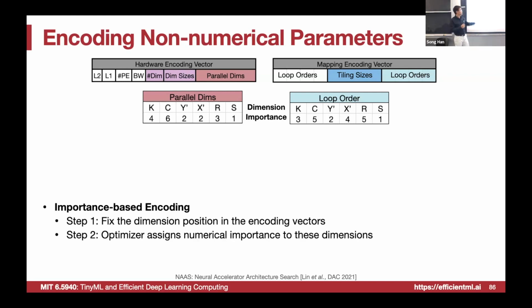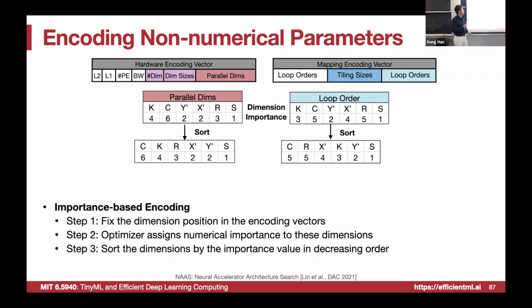We can assign the importance of which dimension we are going to parallelize, and then we learn it, update it, and finally when it converges, we sort it and pick the top k dimensions that we can parallelize in space. Similarly, for the loop order, we learn the importance of each loop.